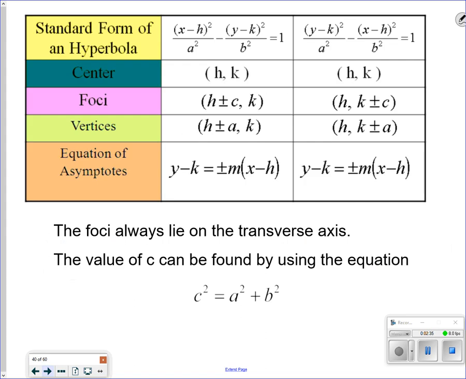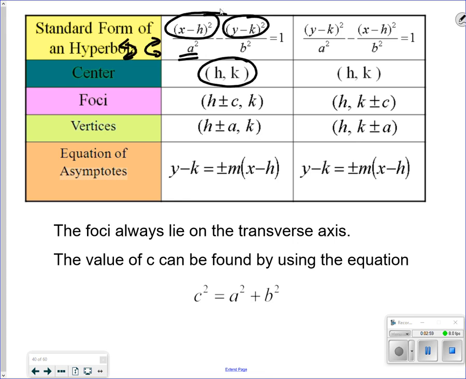Standard form for a hyperbola. In an elliptical shape, it matters which one's bigger. In a hyperbola, it matters which one is first. You'll still have this x minus h and y minus k, so that still is the center of our hyperbola. It's a matter of which one comes first. If the x value comes first, then you're talking about a hyperbola that goes left and right.